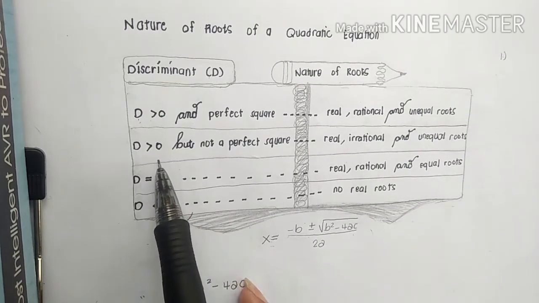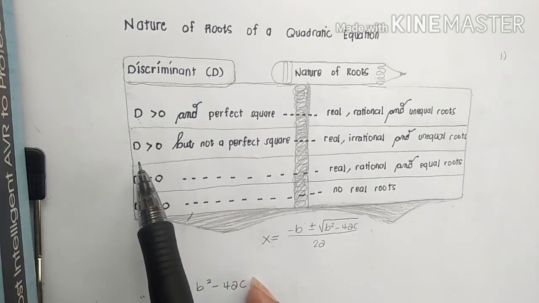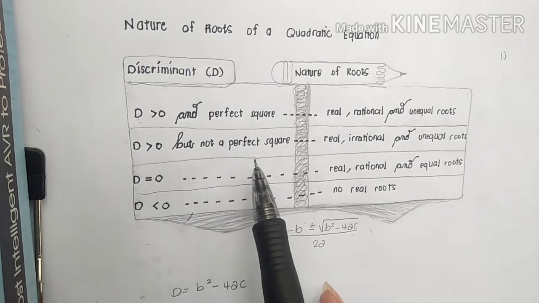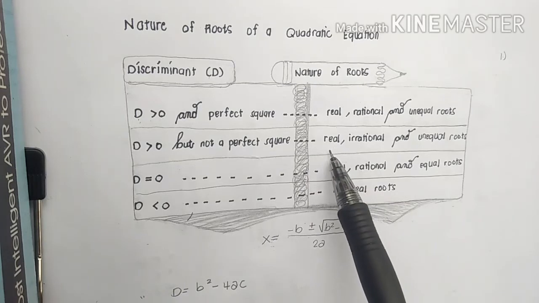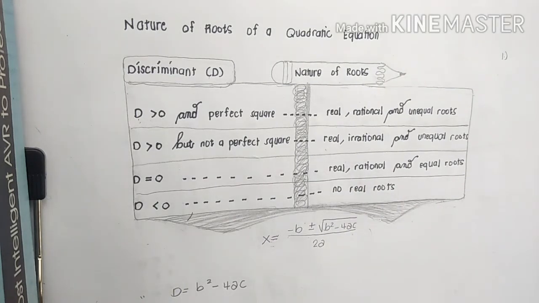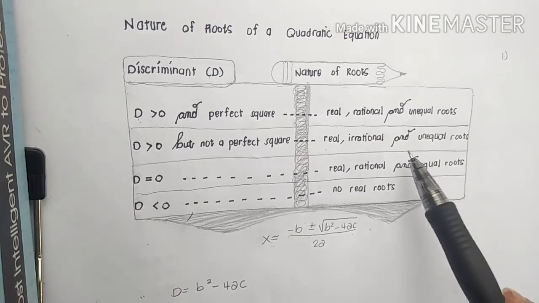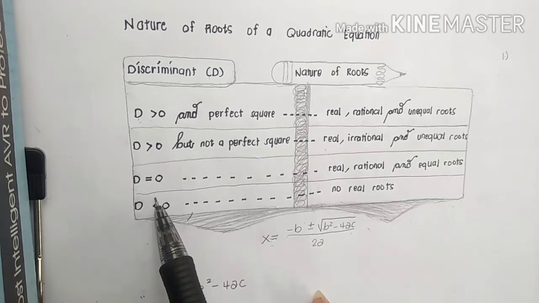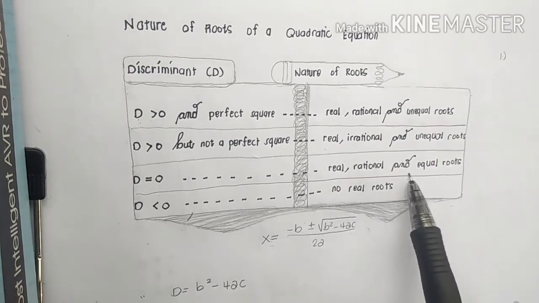And here, the discriminant is also greater than 0 but not a perfect square, so it is real still but irrational, meaning numbers that have square roots, and unequal roots. And d equal to 0 gives real, rational, and equal roots.